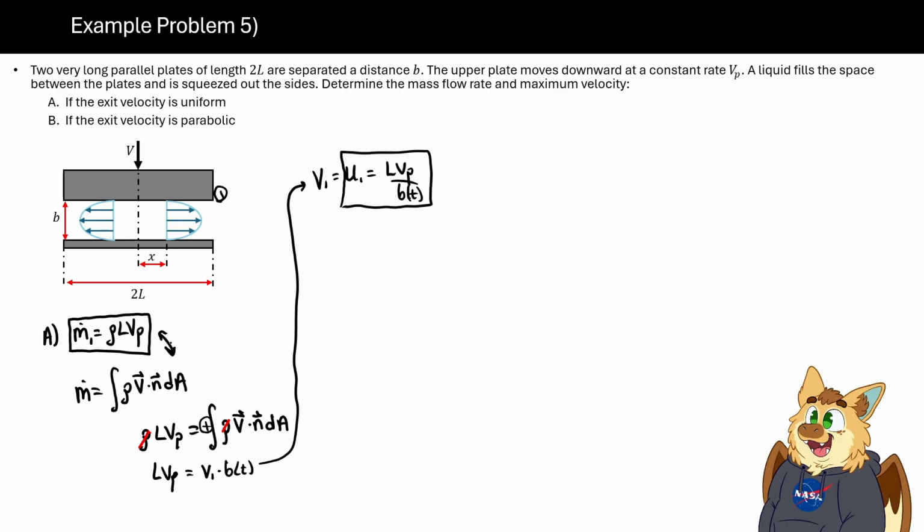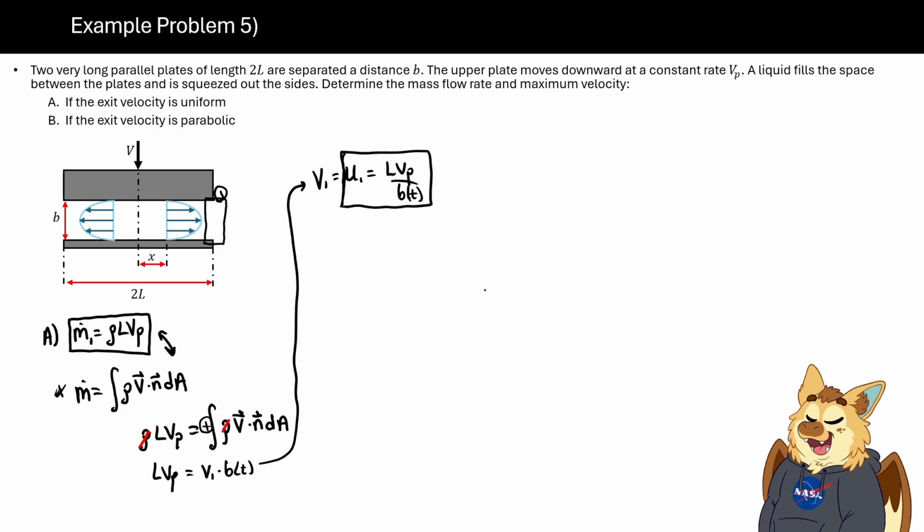This was found with conservation of mass with integral analysis. This is the global constraint. And then when we look at just a single surface, like surface 1, we can say the formal definition of mass flow rate is just equal to this quantity here. So technically we can set them equal to each other. And then we can solve for our uniform velocity at our exit. And this would be for surface 1. Technically, this would be the same for surface 2 as well.